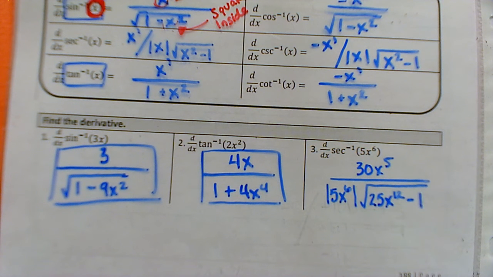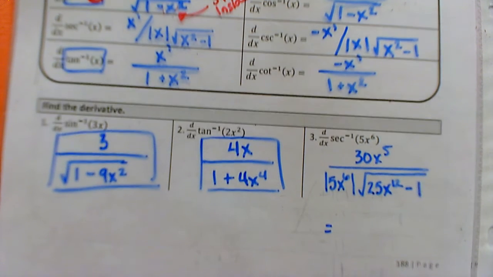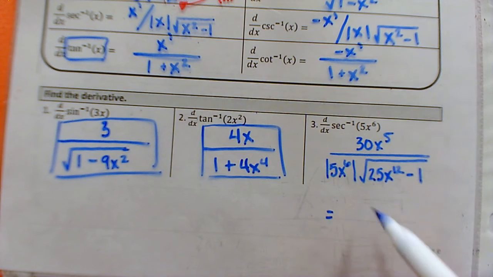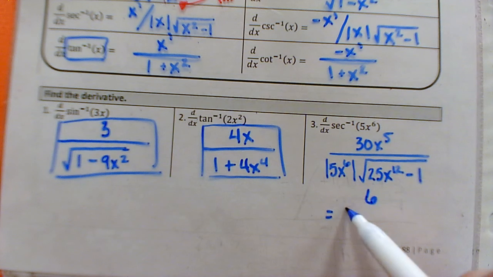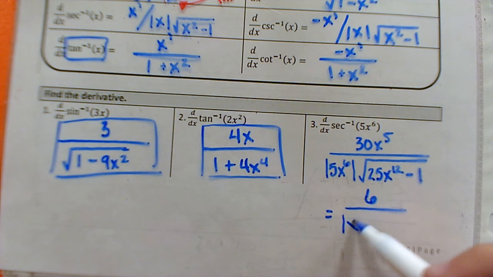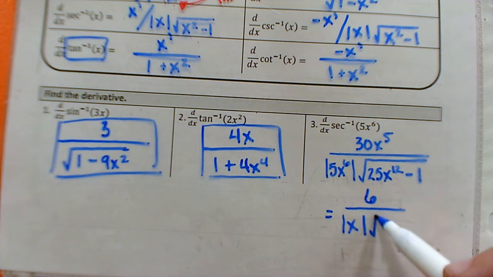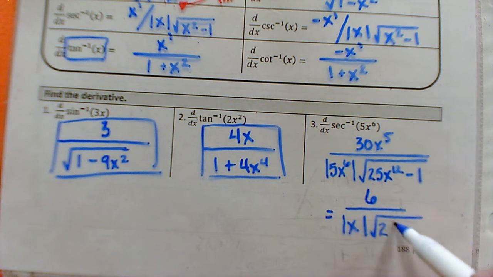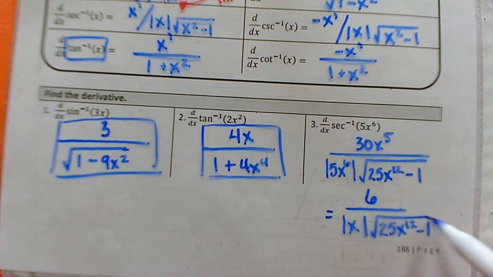Now, maybe we can clean this one up a little bit more. Yeah, you want to give it a shot? You can take out the 5, which will give you a 6 and the 6x to the fifth on the top, and x to the sixth on the bottom, which then you can cancel out the x's and get x times the square root of, there we go, whatever it is. I know we have an absolute value down below, but you can still cancel things out in a fraction just like you normally would.